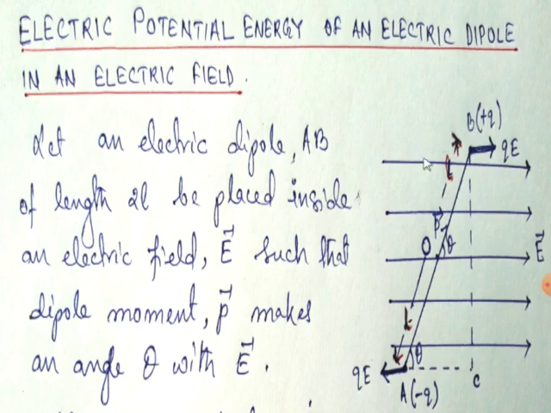So try to remember this diagram. When we go to the next slide, you will find it difficult if you don't know this diagram. So look at it carefully here.